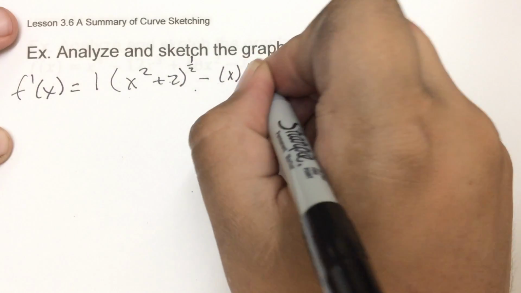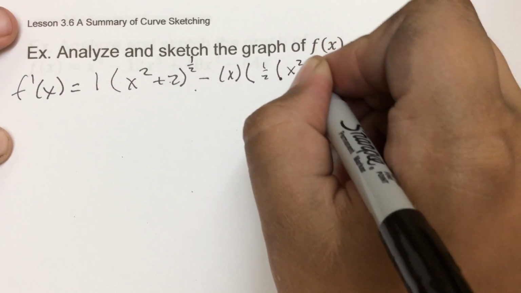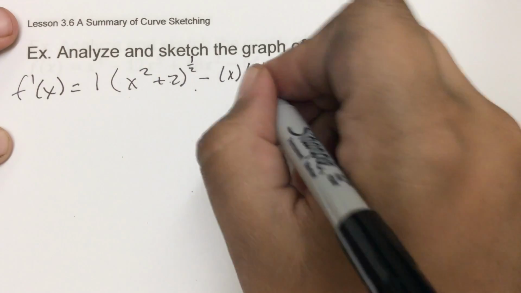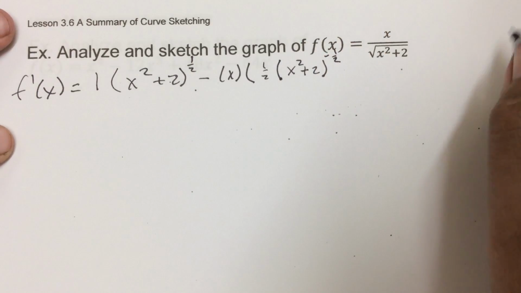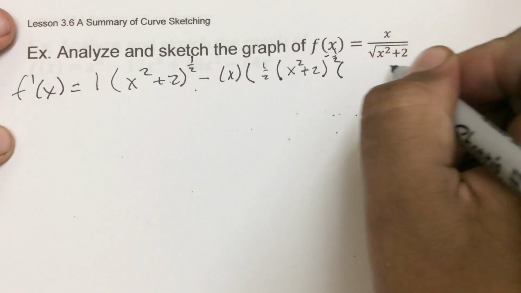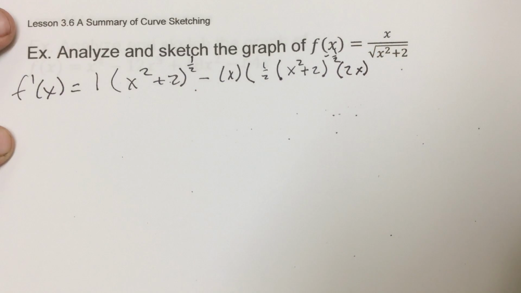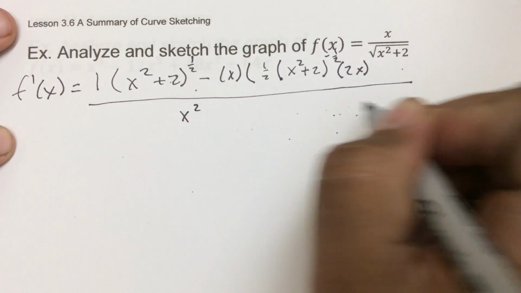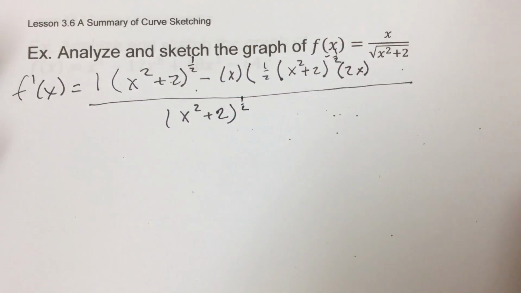Now the 1/2 would go in front, and then this. Now we subtract 1 from the half and make this a negative half, times the derivative of the inside, which would be 2x, all over our x squared plus 2 to the 1/2.